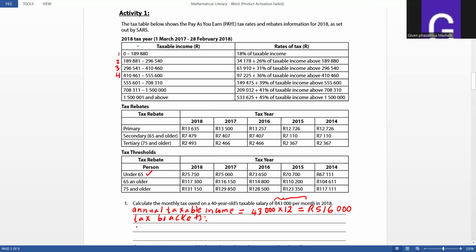So we're going to write this as an annual income tax. What is the annual income tax?